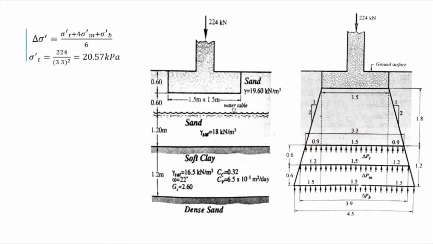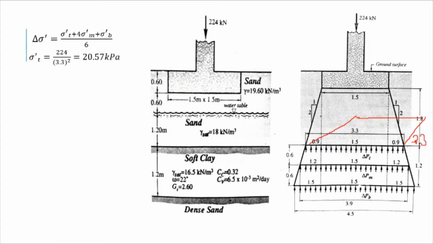So, magiging square yan. Magkakaroon din yan ng yung kabila din natin, pag nag-drawing tayo, ganyan yan, ganyan, dun sa kabila. In 3D, ganyan yan. So, this will be 1.5 plus 0.9 plus 0.9. This will be 3.3. Yung kabila din is 3.3.